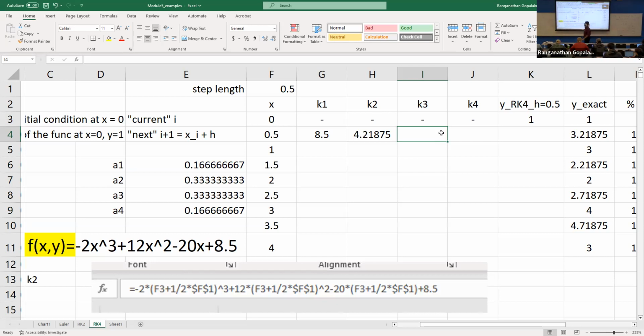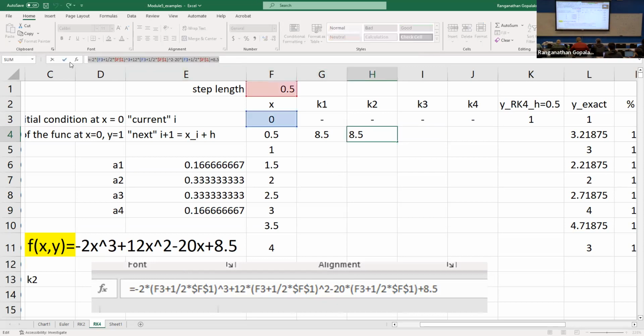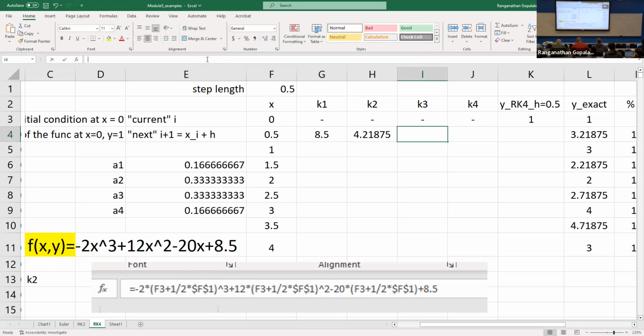So to get K3, you just go here, copy the text of this formula, go out here and paste it. I didn't say copy the cell and put it there. Copy this text and put it in the next cell. We copy the text of the formula.